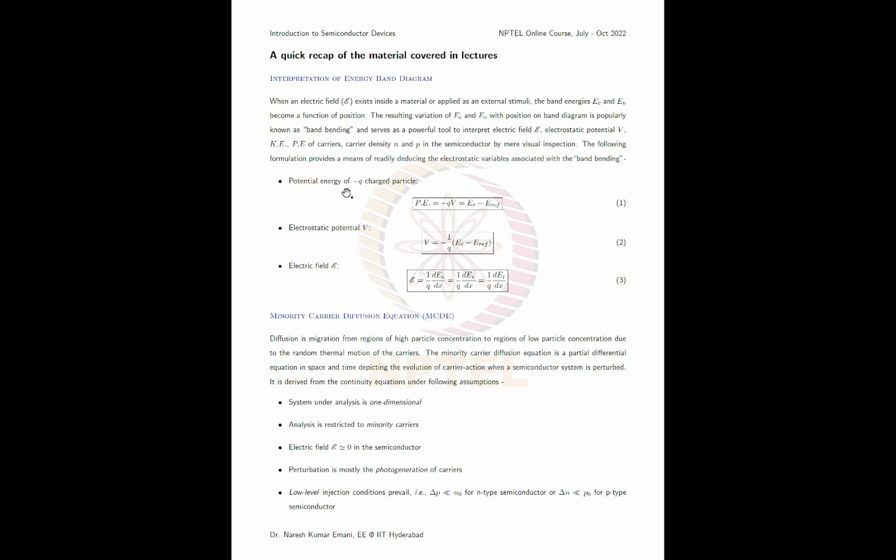Let's assume there's a particle with a minus q charge. The potential energy for that will be minus qV, and that is EC minus E reference, and E reference is your Fermi level energy.